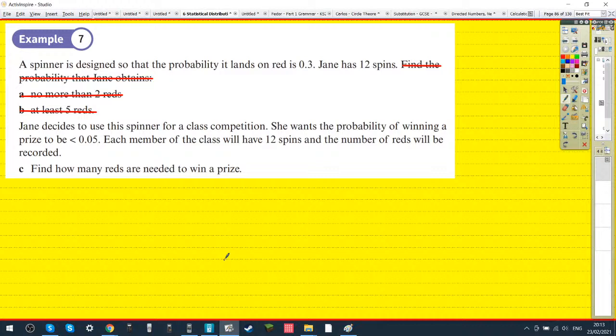So for this, what you need to do... Okay. So the numerator will stay as 12. The probability is 0.3 still. And the lower is 0.